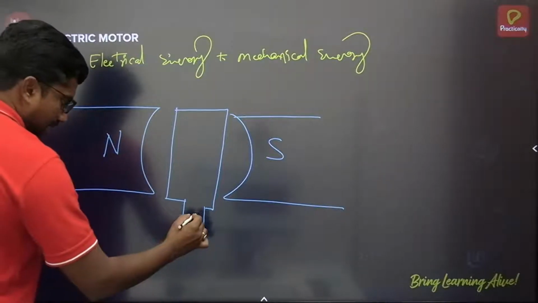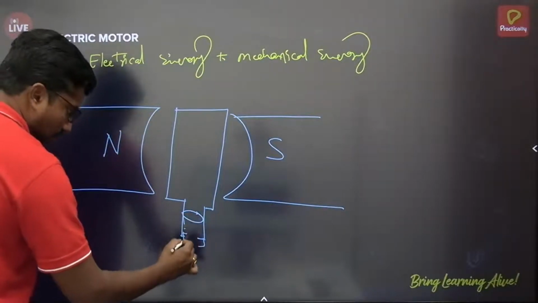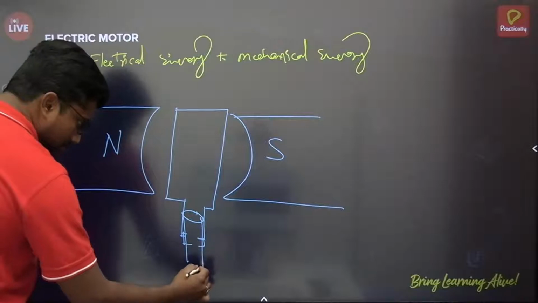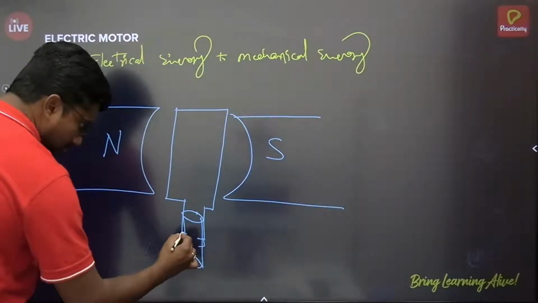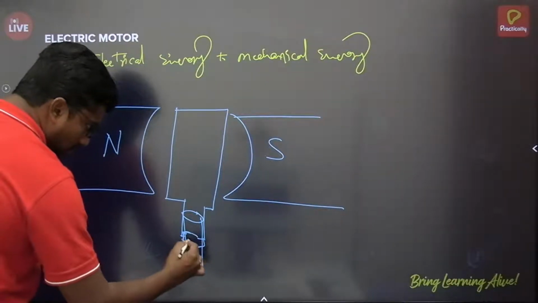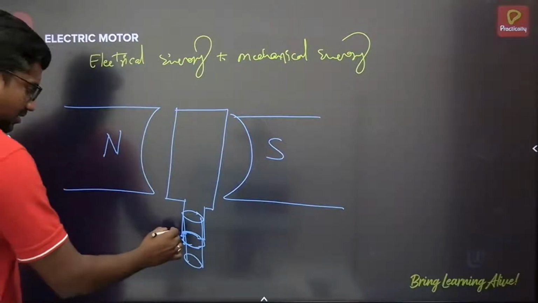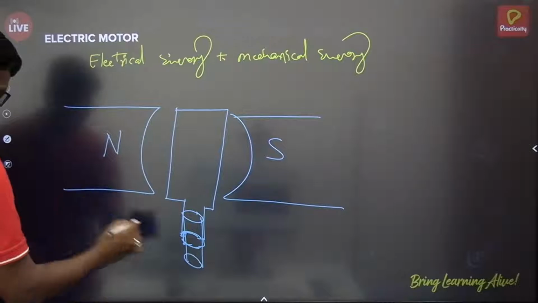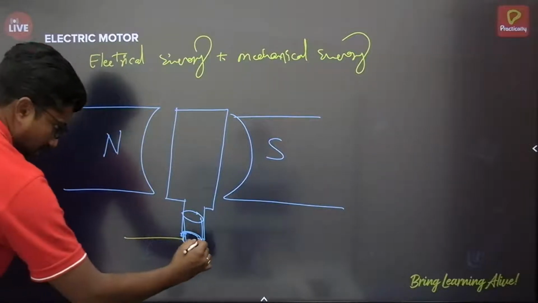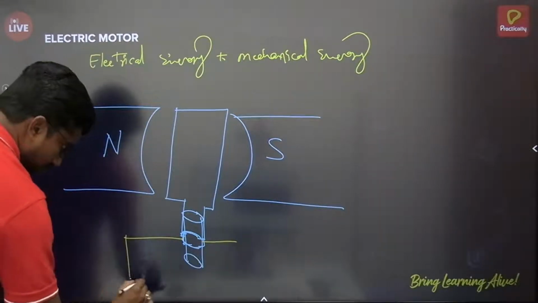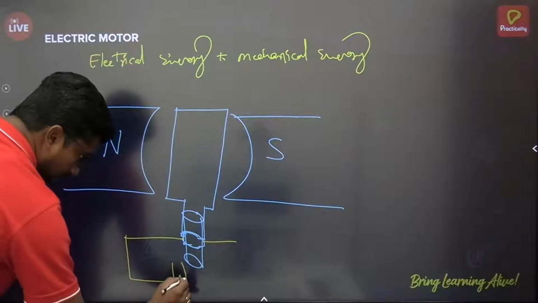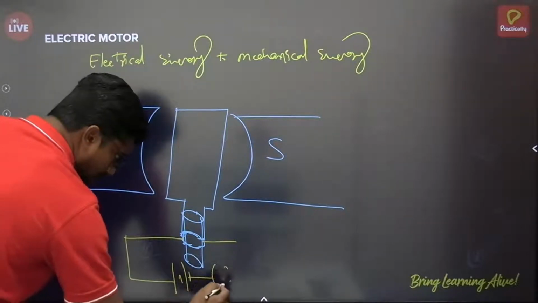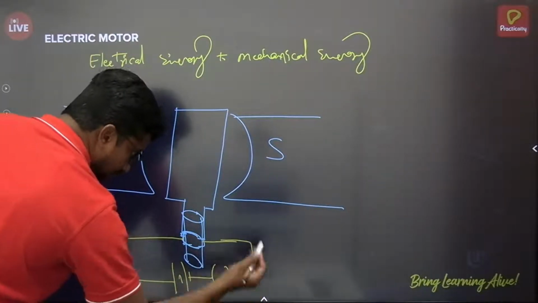Here I am taking an axle rod, over which split rings are connected. To these brushes, I will give an electrical energy supply like this.